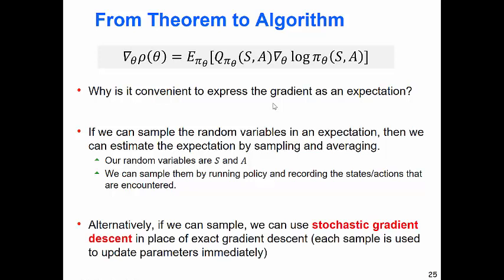Stochastic gradient descent will just sample one state action pair and then do an update on that and then keep on doing that over and over. So each update is based on a more noisy estimate of the gradient, but you can do many more updates to the parameters compared to if you average n things and then do an update.